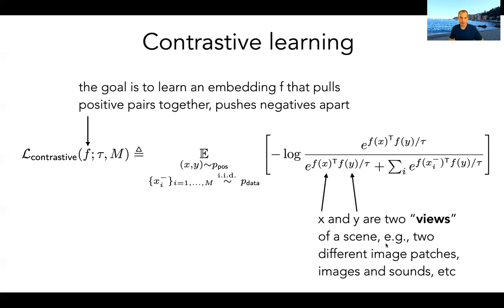These are two views of the same scene, two different crops of the same image. The numerator will try to increase the similarity of two views of the same scene, and the denominator will try to force two views of two different scenes, y and x negative, sampled from a different scene, to map to different points in embedding space, to be pushed apart.